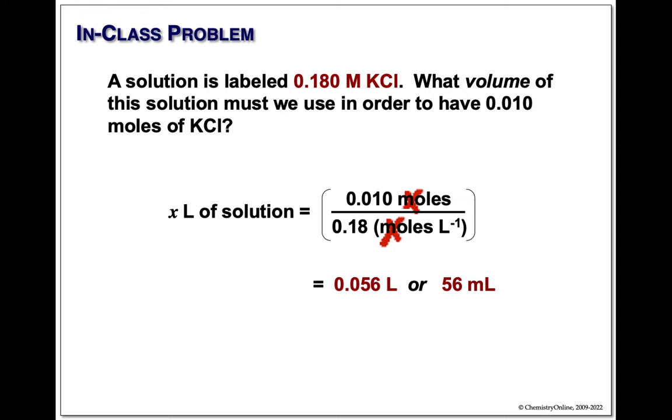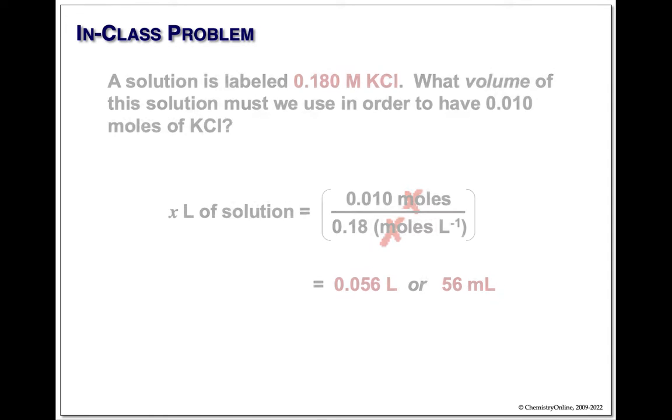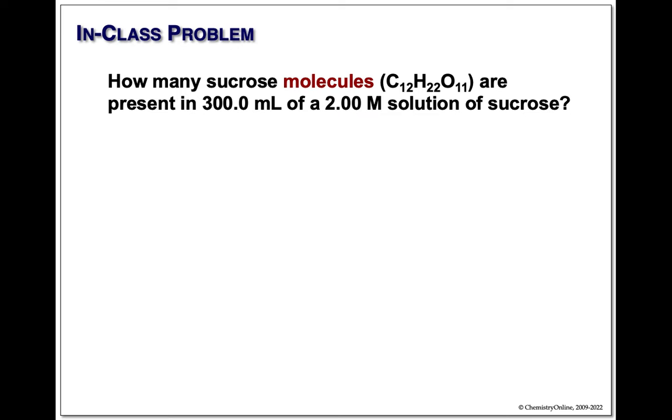We can also get Avogadro involved here. Here we have a solution of sucrose. That's table sugar, C12H22O11. We have 300 mils of this, and the concentration is 2 moles. How many molecules is that?